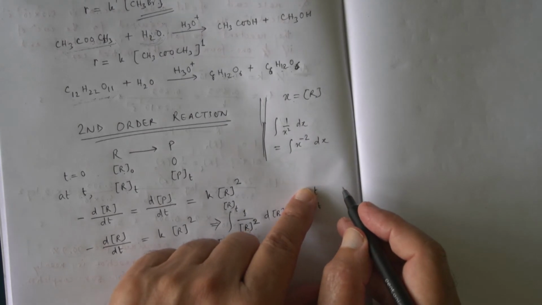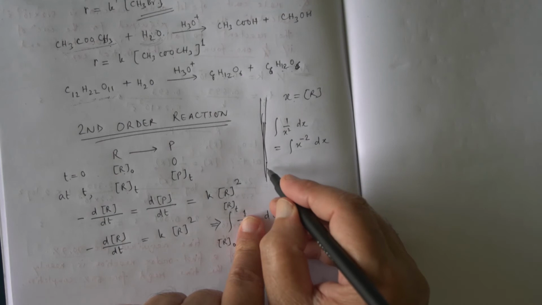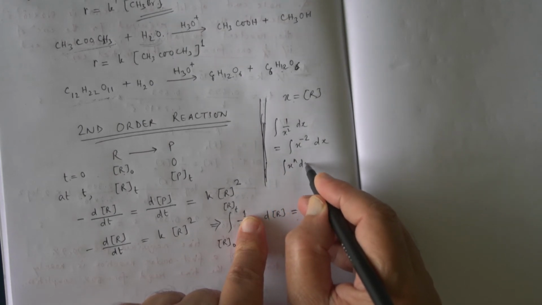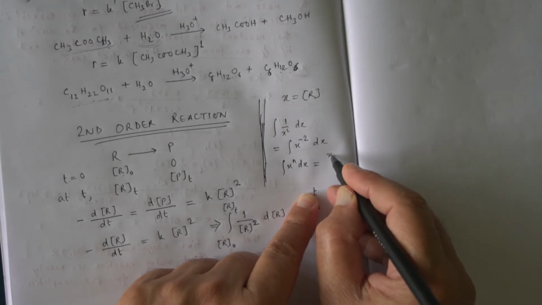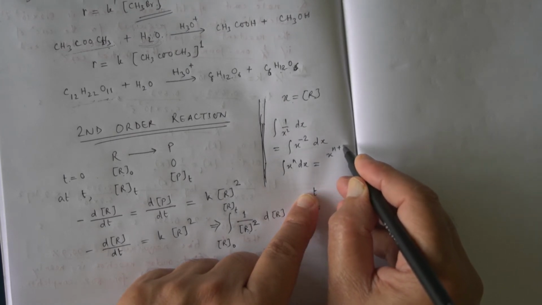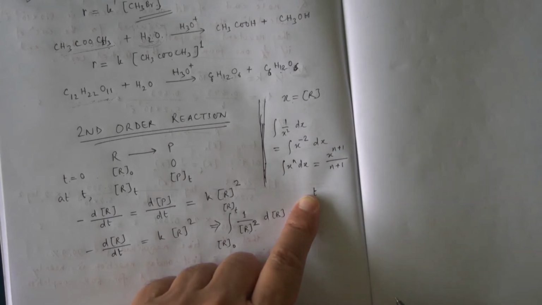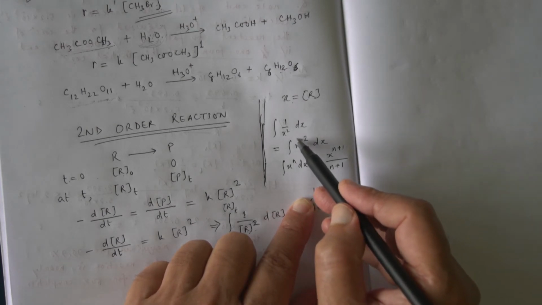Now you know what is integration of x to the power n dx. That is equal to x to the power n plus 1 divided by n plus 1. Here n equal to minus 2.